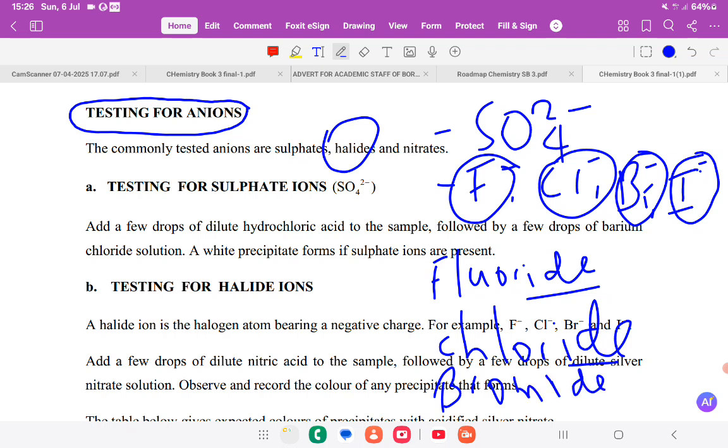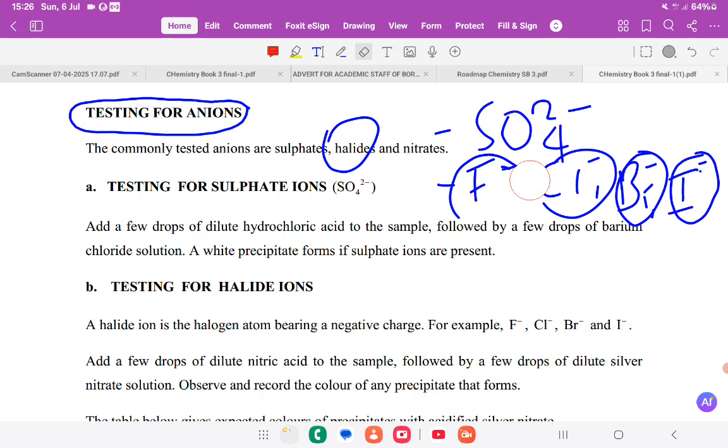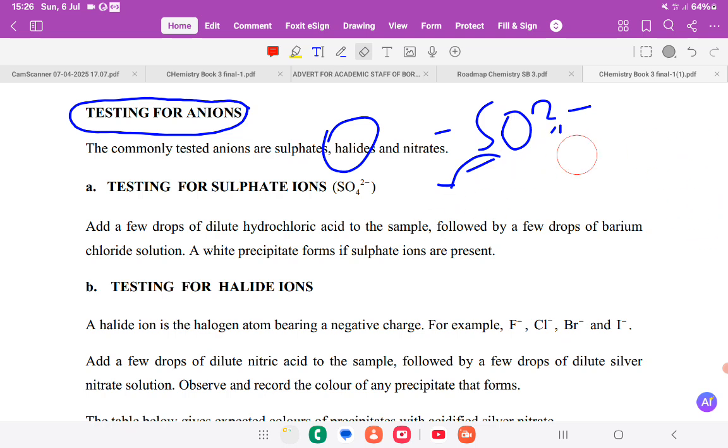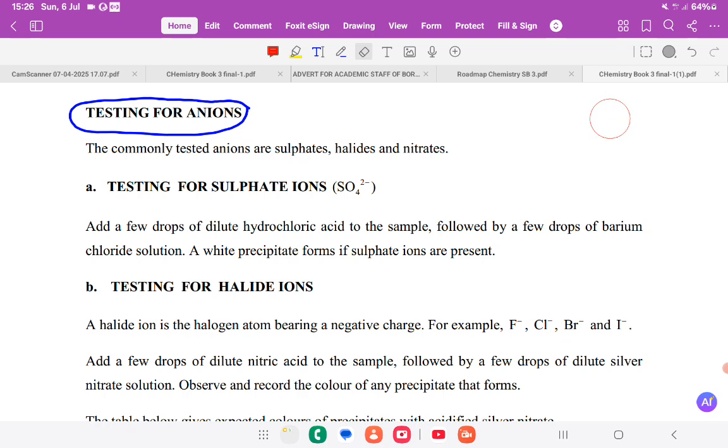All right, so I'll take you through the outline of the procedure of how you can detect the presence of these ions in solutions. How would you tell that a given solution contains sulfate ions?